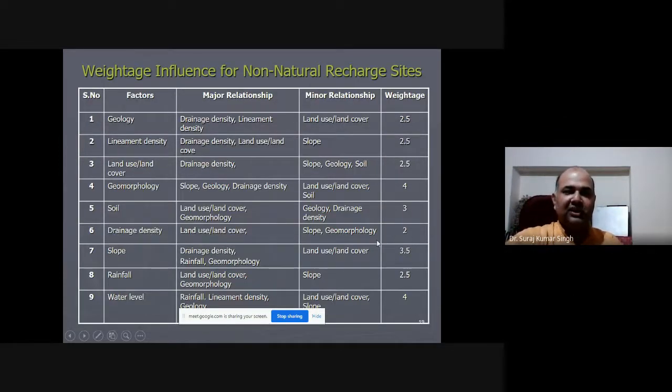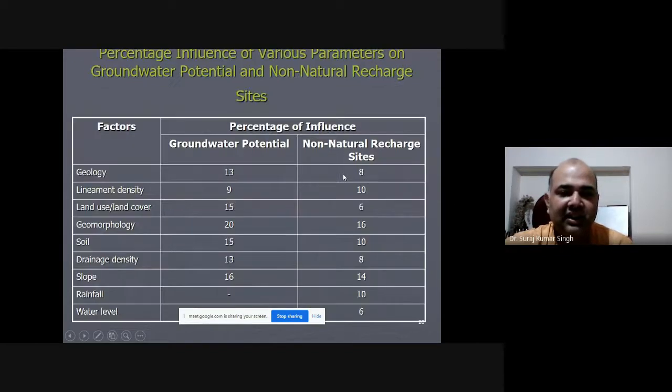So once you have identified this, now it's for the non-natural recharge site. Again, you will be following the same principle and providing the weightage to each and every unit, whatever you have classified in your map using GIS and remote sensing techniques, and then we'll be providing the weights to these layers individually.